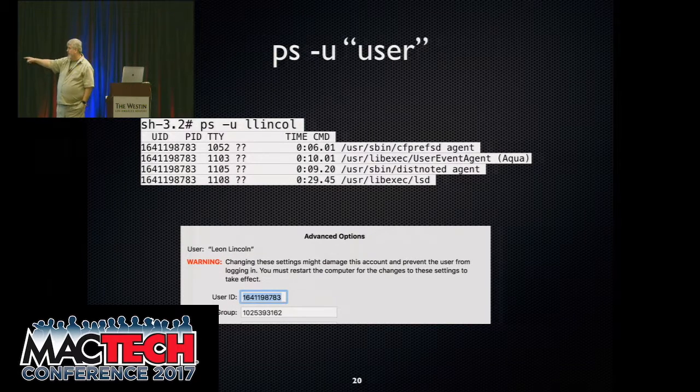I can show you that because I got to the advanced options inside Users and Groups. Is everybody aware of that function? If you looked at Users and Groups, found your account, unlocked that setting, and went to advanced, you would see everything, like where your home path is, all that information. That's a screenshot of a couple of things from that. So that allowed me to see that's my user ID.